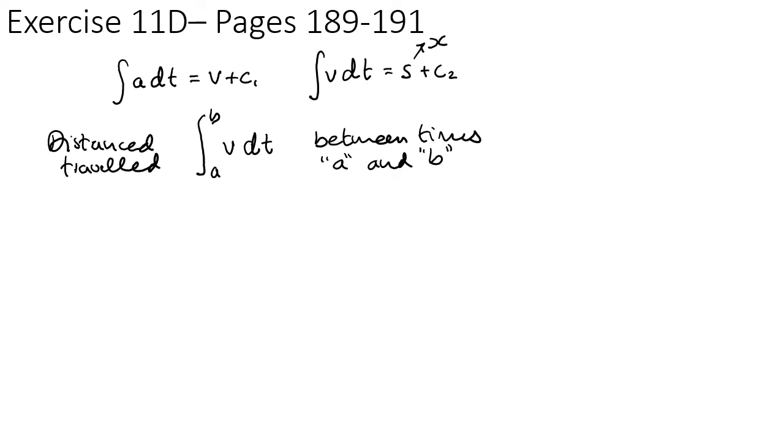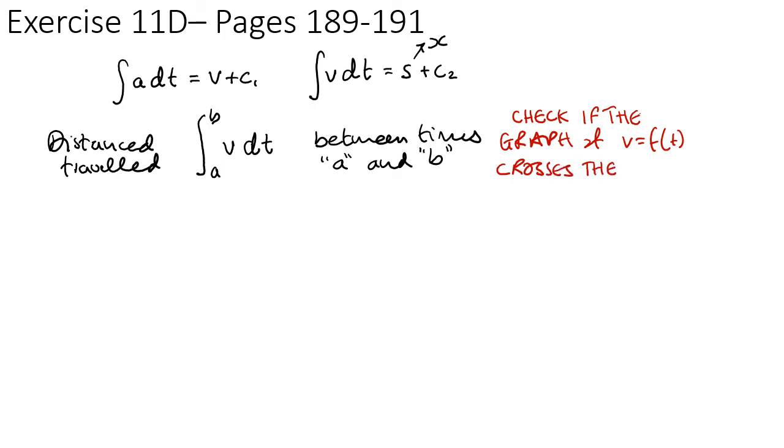We have our limits, but when you do this, the thing you need to check for is if the graph of v equals the function of t crosses the t-axis, or it may even be the x-axis, or I'll just put crosses the axis.